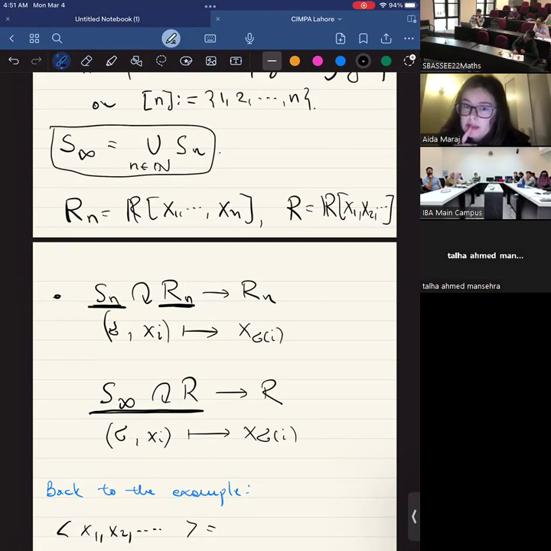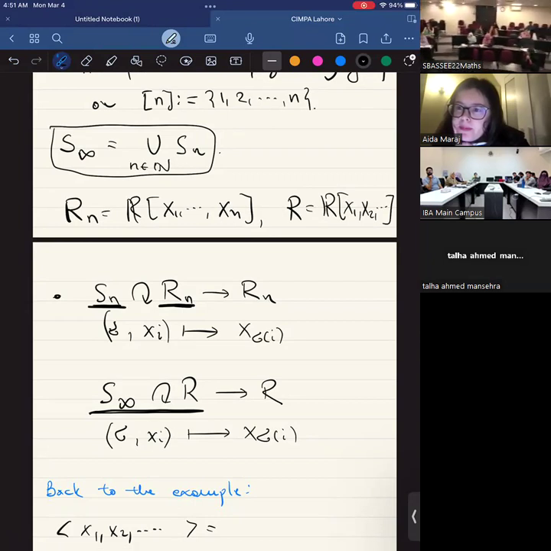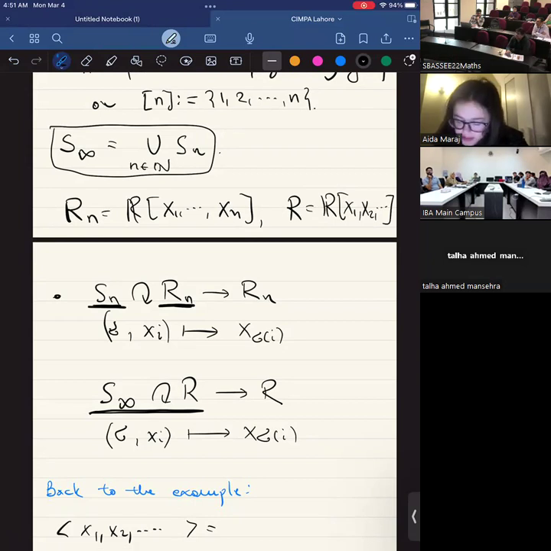For example, sigma is the permutation (1 2), and then you apply this on xi where i can be, for example, 4. How do you apply (1 2) on x4?